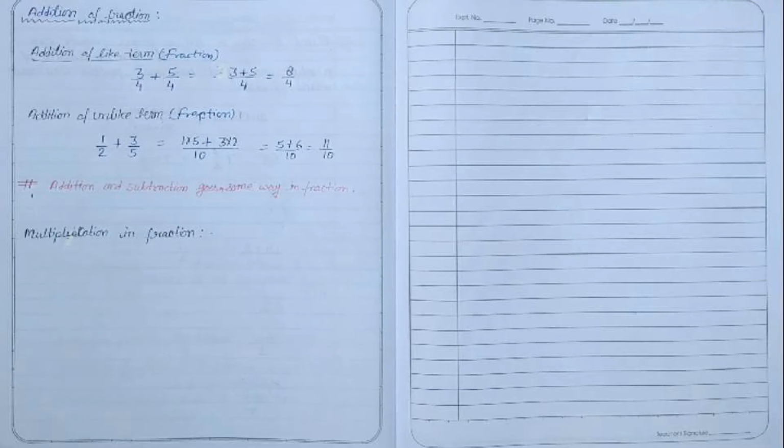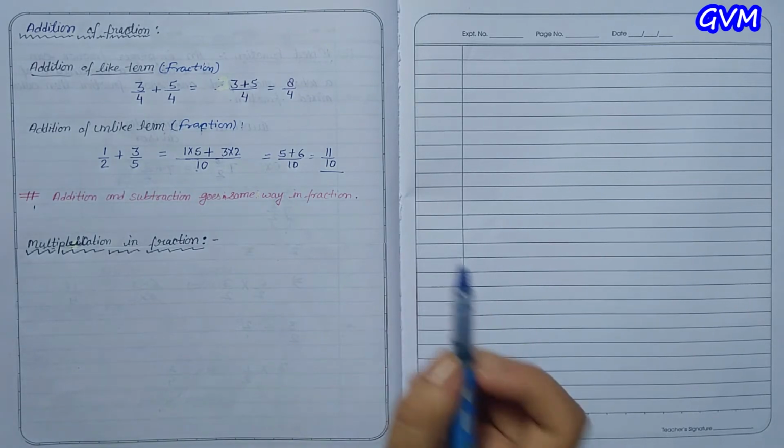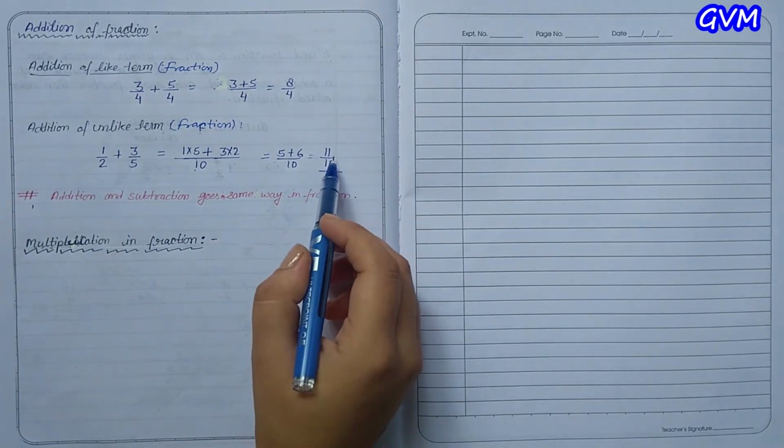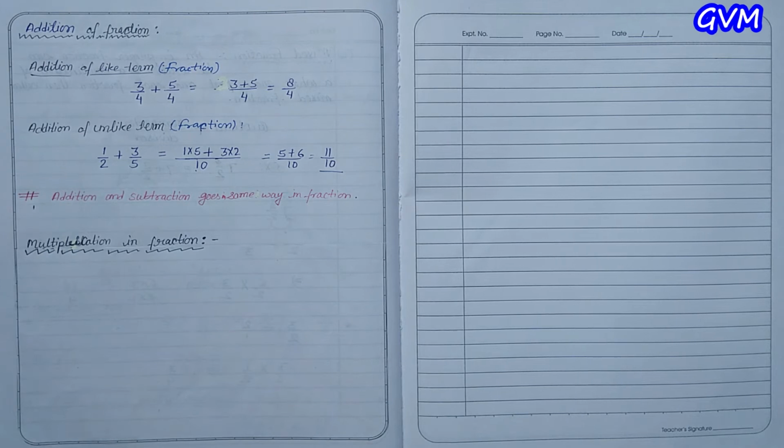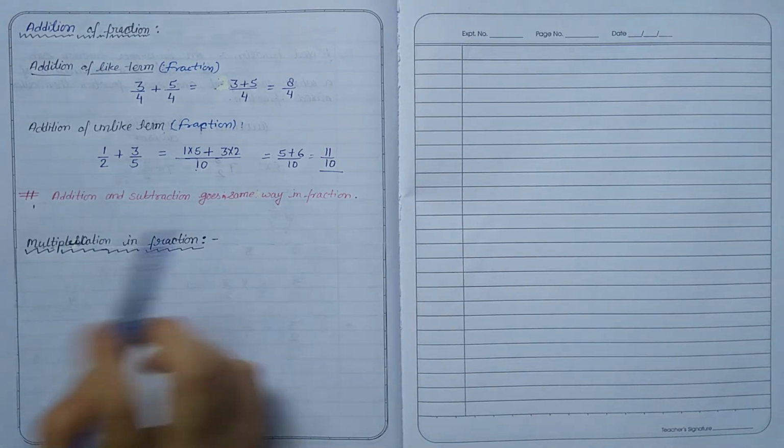Okay, so we have 2 and 5 in the denominator, so the LCM of 2 and 5 is 10. This will become 5 into 1 is 5 plus 3 into 2 is 6 upon 10, which is equal to 11 upon 10.